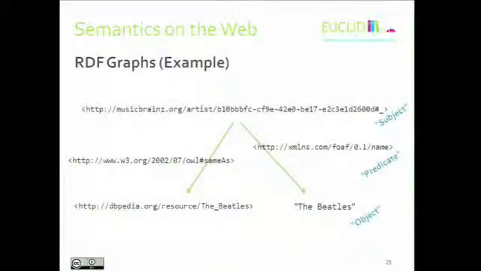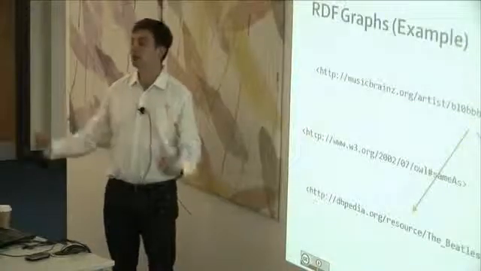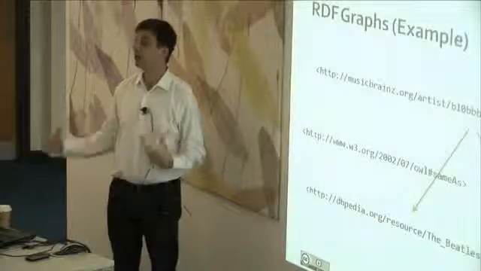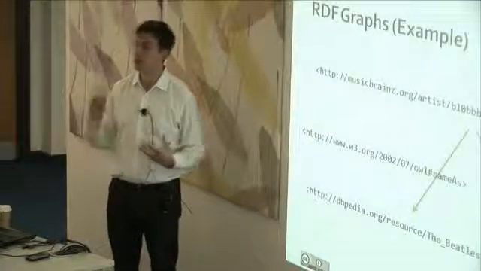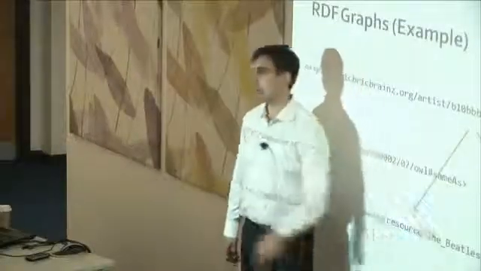Okay? Both triples have the same subject, so both of the arrows that they form in the graph have the same source, which is this MusicBrainz URI for the Beatles. Then you'll see each of those arrows has different labels because we were talking about two different predicates, two different relationships that this resource representing the Beatles has. One was the same as relationship, one was the name relationship.